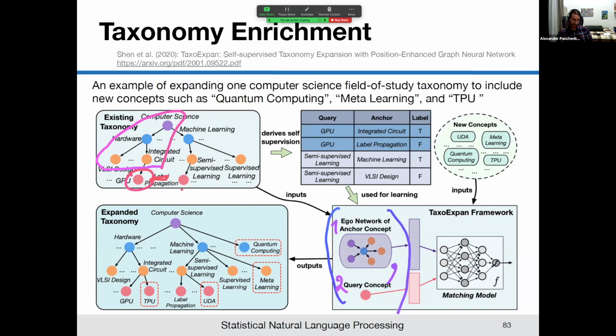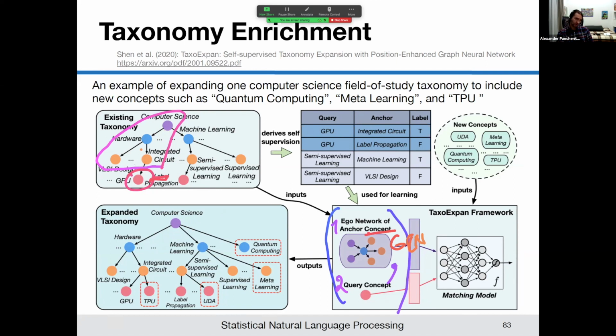And what they do, they encode this anchor concept ego network with a GCN, actually a modification of GCN which takes into account the fact that you have some directionality in the nodes.